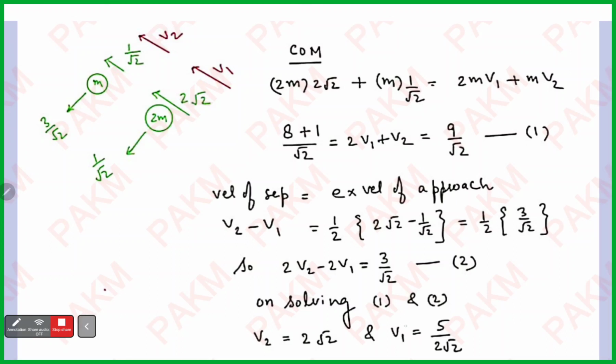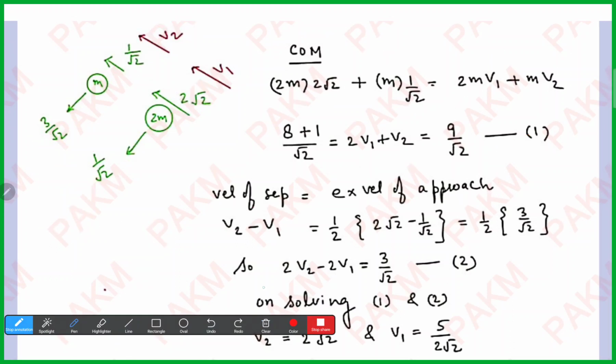Once we have v1 and v2, we can substitute their values. Let's say for 2m, v1 is 5 upon 2 root 2, and v2 is 2 root 2. Don't you feel we have two vectors, one along the impact and one perpendicular to the impact?